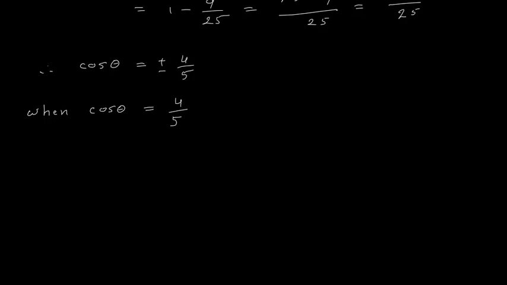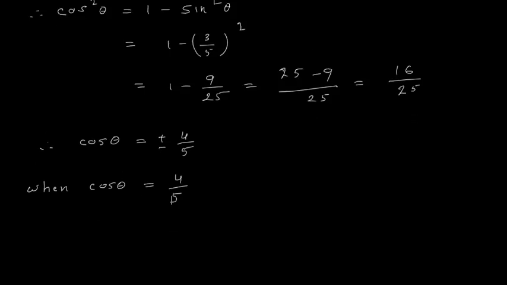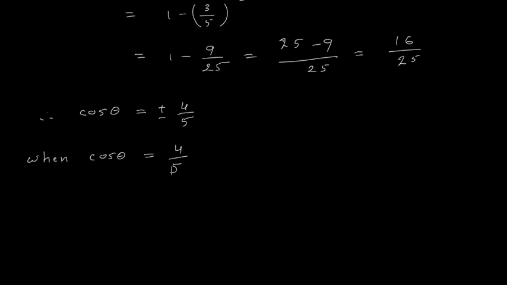Now sin theta we know, cos theta we know. We have to find tan theta. The value of tan theta is going to be sin theta upon cos theta, that is 3 upon 5 divided by 4 upon 5, which will give me 3 upon 4. This is the value of tan theta.